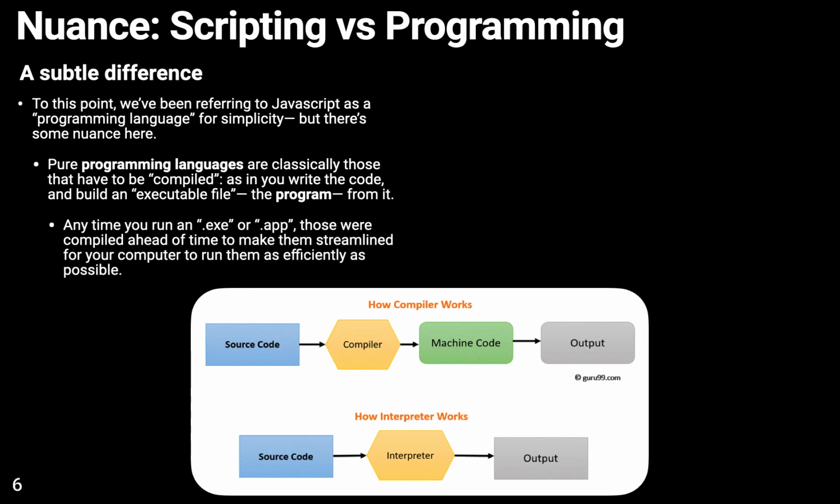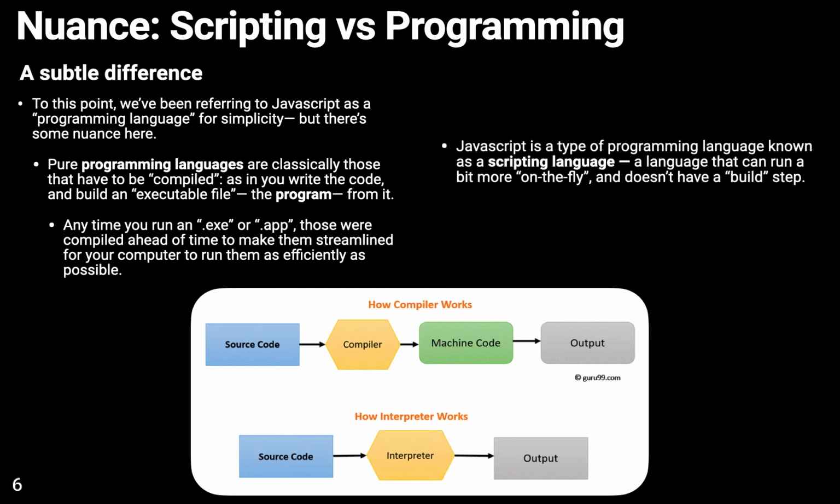Anytime you have run something with a .exe or .app at the end of it, those are usually compiled ahead of time to make sure that they are streamlined for your computer and run as efficiently as possible, right? When you install something, you are typically installing not just some scripts that will be read and things will happen, but really a super condensed version of those things.